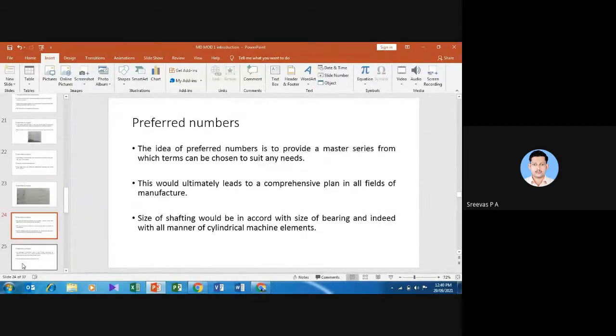If you want to manufacture a shaft dimension or something like that, you have to go for preferred numbers. Well, then only the size of the shafting would be in accord with the size of the bearing. Okay. If you manufacture a shaft, then it should be in accordance with the bearing. Okay. Bearings are used for holding shafts, right? And indeed, with all manner of cylindrical machine elements. Okay.